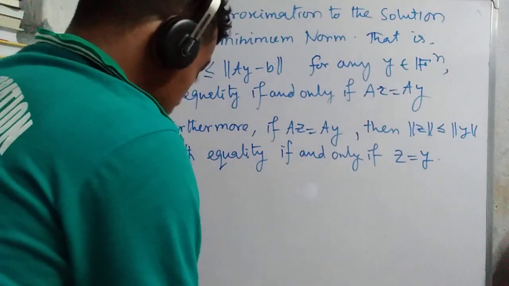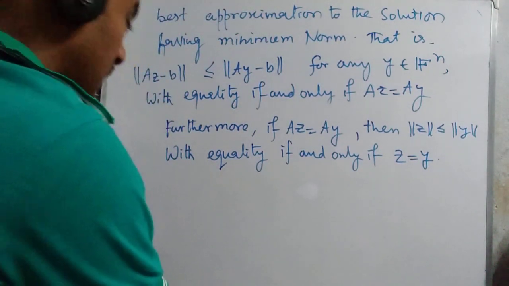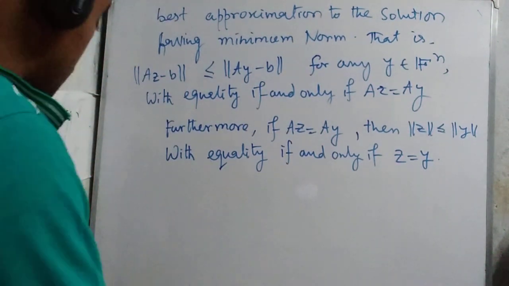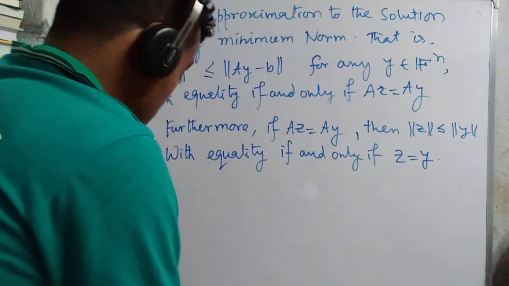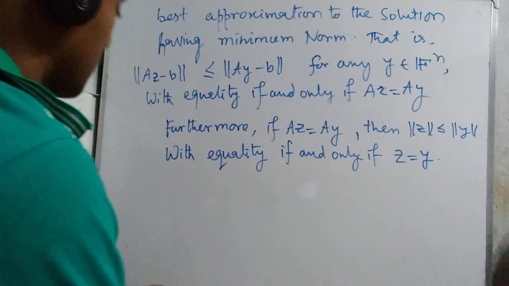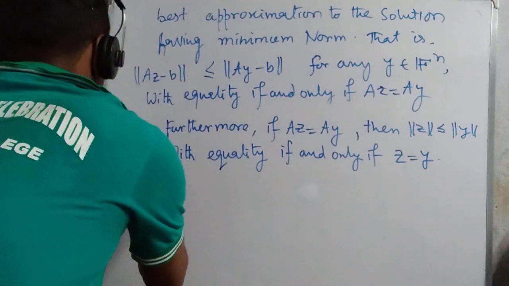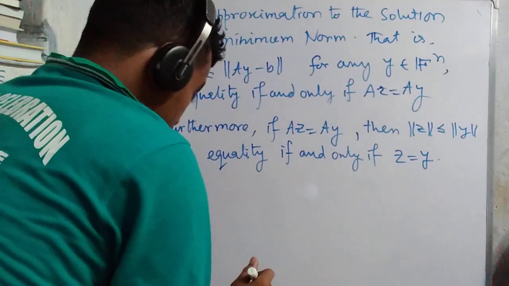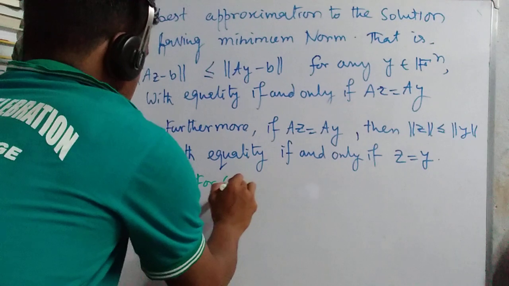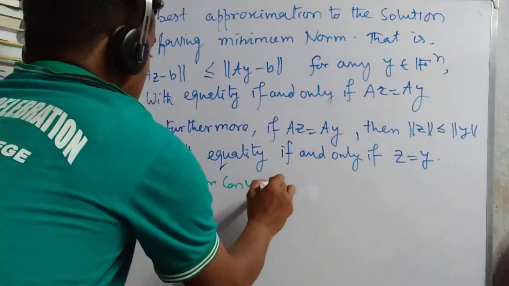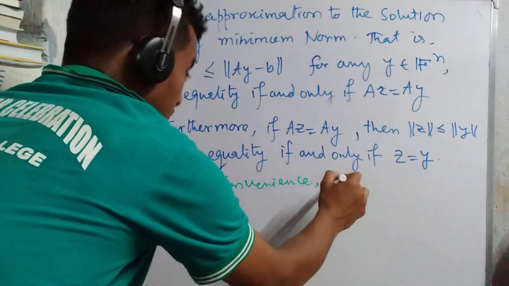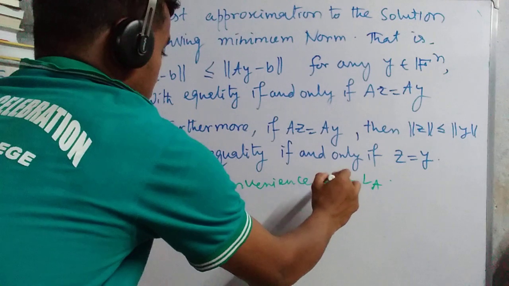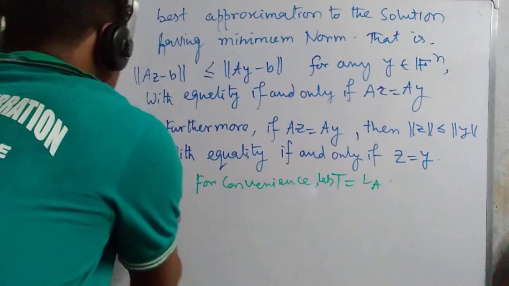Now we're going to discuss the proof of that theorem. Now we start the proof. We also understood this theorem and how this A†b is connected to the system of linear equations. Now we write the proof here. For convenience, let T equal L_A.